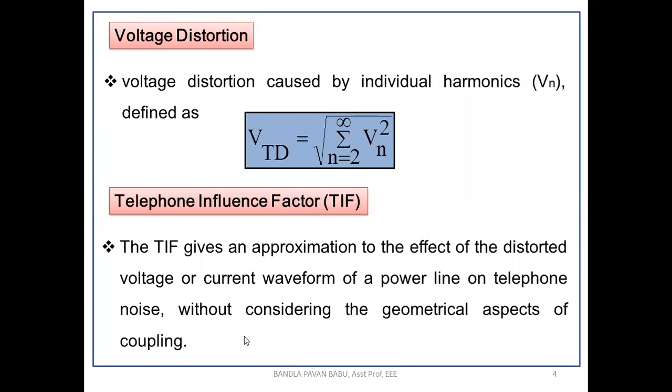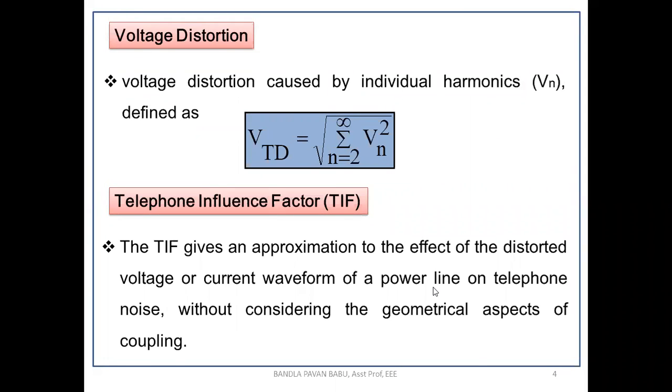Look at this. This TIF gives the approximation of the effect of the distorted voltage or current waveform. Power line in the sense, if we consider the DC power line, there exist only two components, that is the voltage and frequency. If any of these waveforms gets distorted, obviously the power also gets distorted.